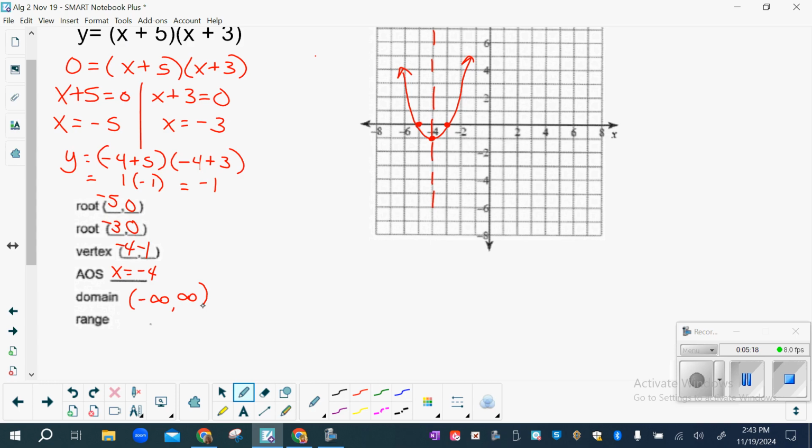Good, and that negative one will have a bracket. So -1 to infinity. Okay? Let's go on to the next one.